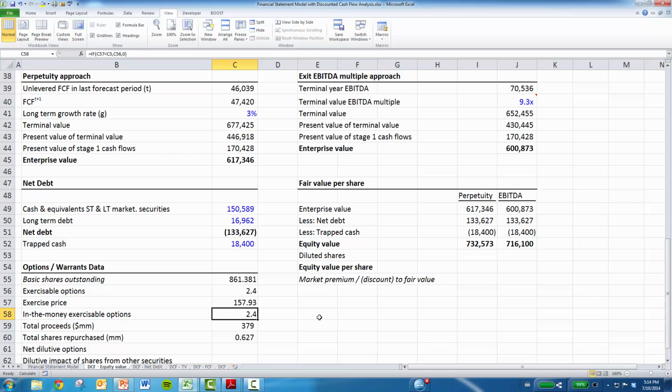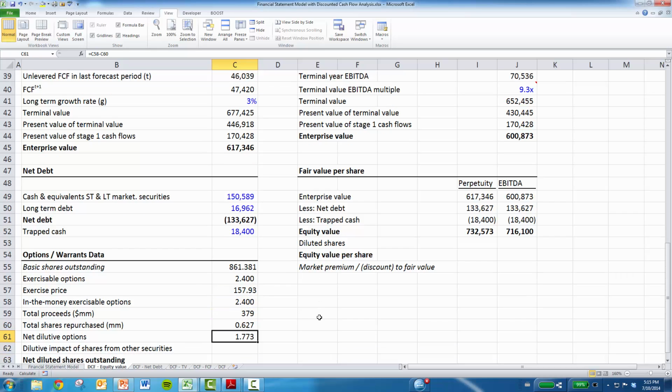So let's get the decimals here, apples to apples. You have 2.4 gross dilution, but net of the repurchases, you have net dilution of 1.7. And so this is the dilutive impact from options. And now in the next video, we turn to other potentially dilutive securities.